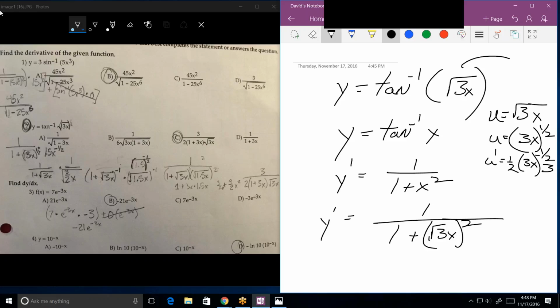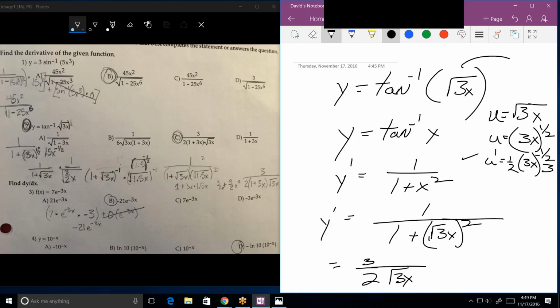Okay. But then when I multiply it by the derivative of the inside, well, let's see. I get 3/2 times square root of 3x in the denominator. So that's u prime.